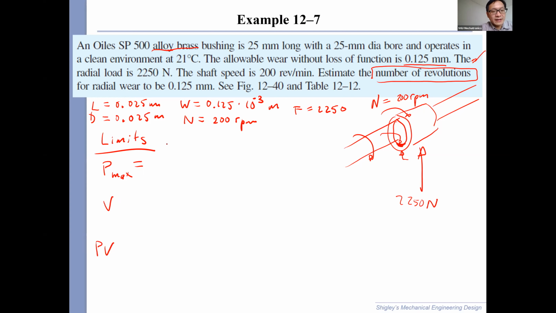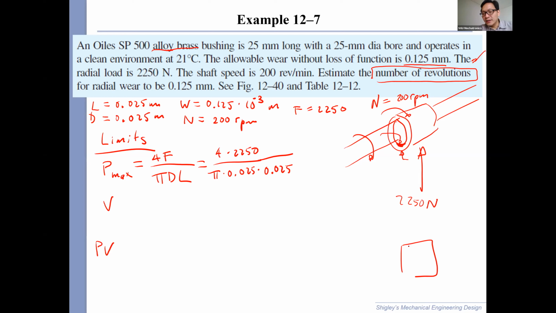Okay, so P max, this is the formula. F is the radial force. 0.025 is the diameter. Length happens to be the same here. Okay, so if you look at it from the side, then the bushing is really square, right?